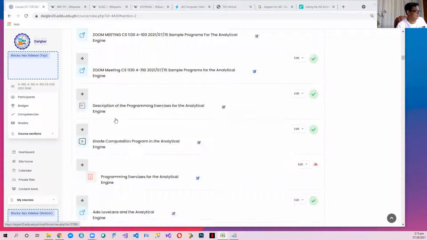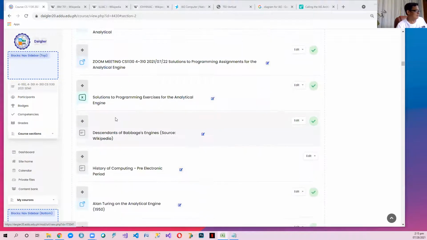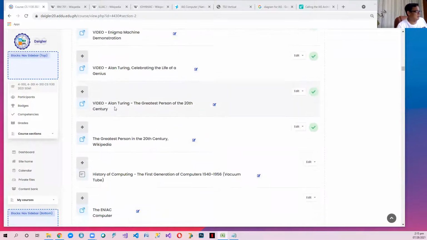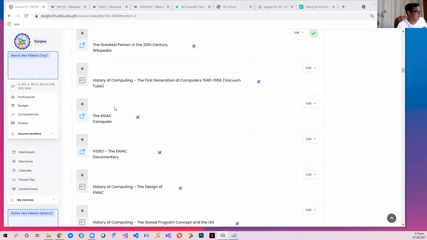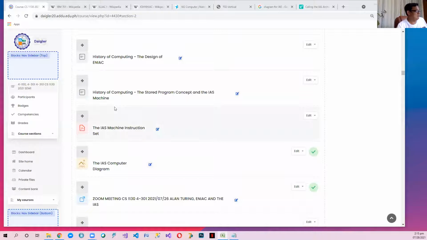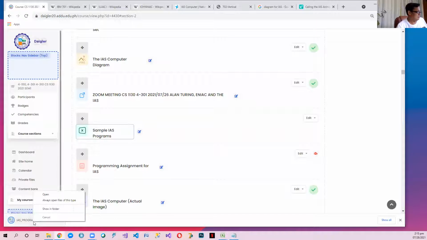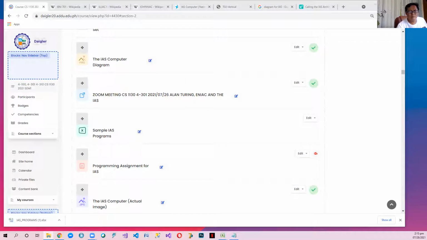Where's that? This section is a bit long. The computing history is long, especially with the addition of more material.